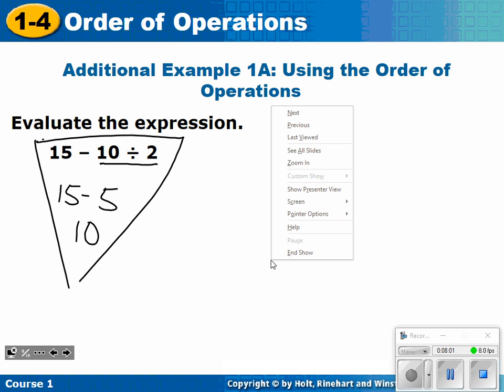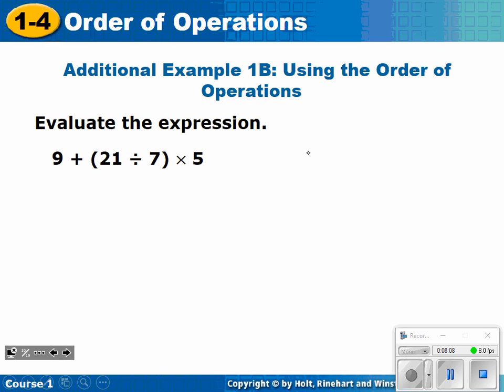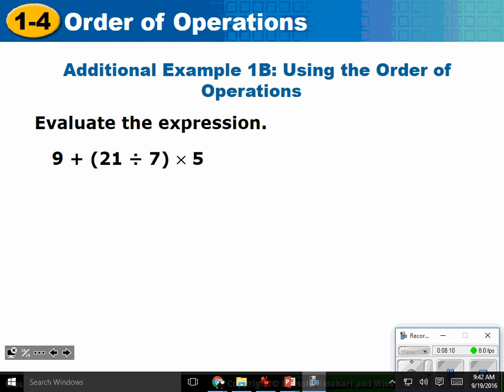So, you guys all have a whiteboard in front of you. What I would like you to do is write down this problem. Do not do it. We're going to do it together just so you see how I want you to do your homework, and you have practiced it. So the first thing we want to do is figure out what we're going to do first.